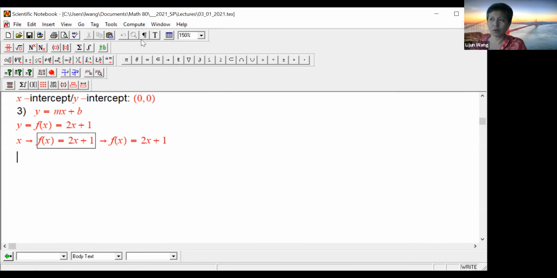If this is the rule, I'm going to ask you to produce some input, produce some output for me. Could you produce some output for me?